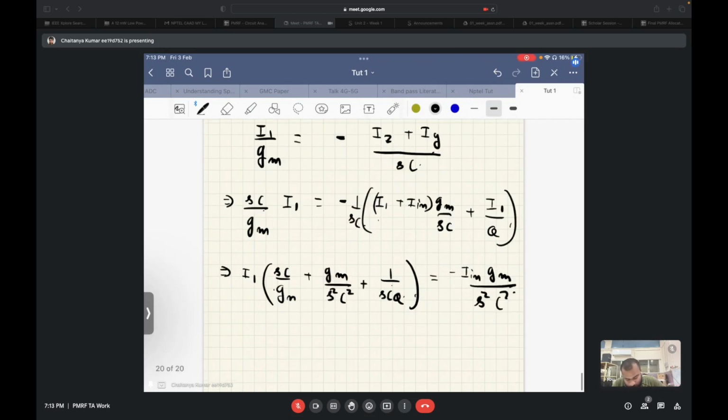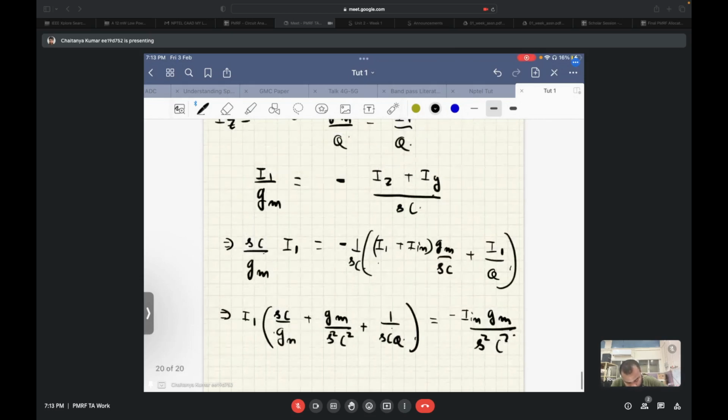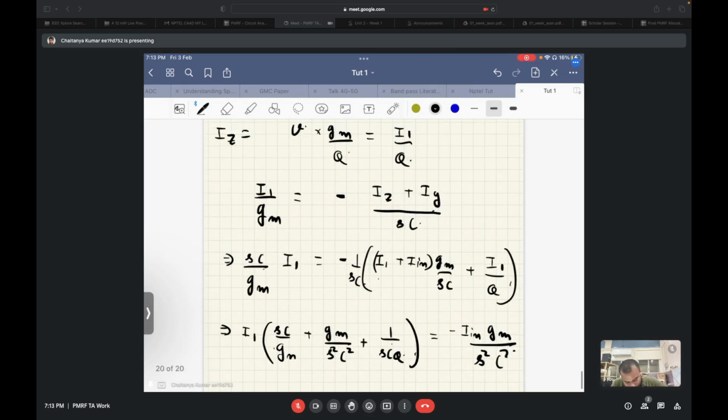So if we take this complete term over there, what we get is we have GM over SC at this node.